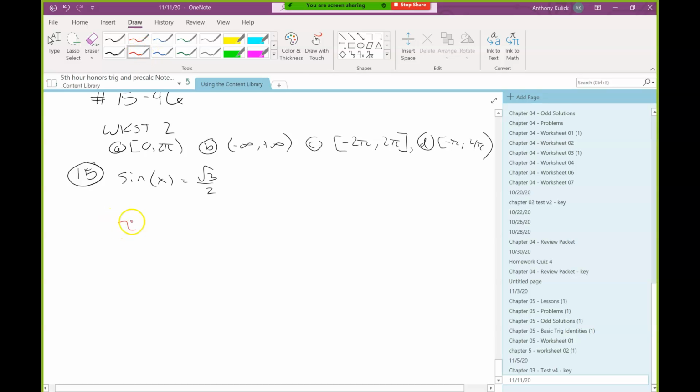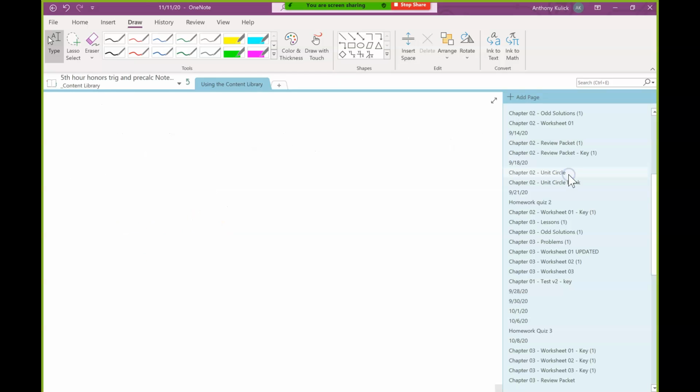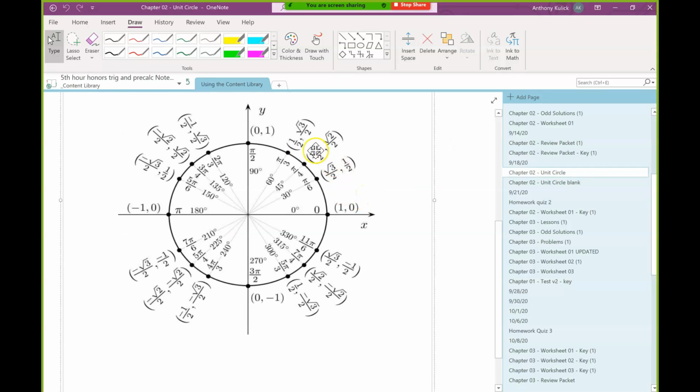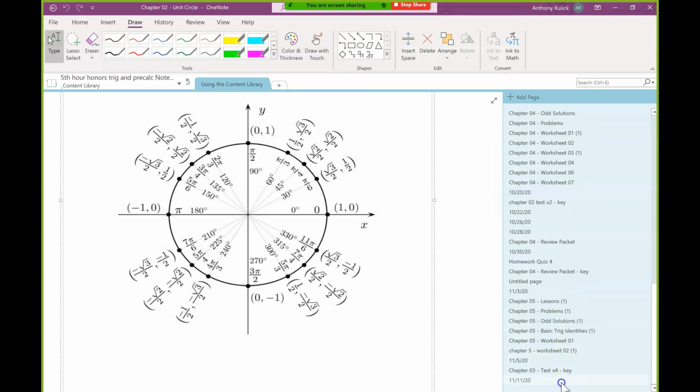So if I solve 15, I'm taking the inverse sine of square root 3 over 2. If I go to my unit circle, square root 3 over 2 is positive as a y coordinate. So if I look that up, that's at pi over 3 and 2 pi over 3. So those are my two solutions for the first problem.